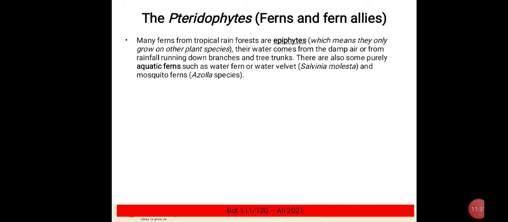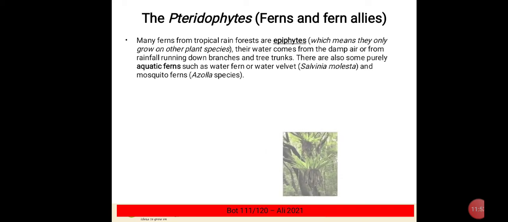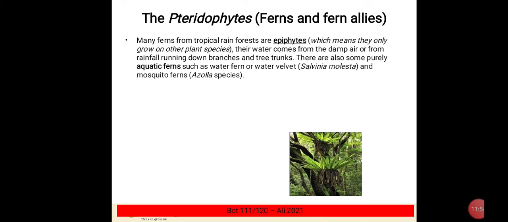Now this leads to the growth of these pteridophytes which grow above other plant species. There are also other purely aquatic ferns such as the water fern or the water velvet. These are the ferns which grow around water areas. Now this is a typical diagram of an epiphyte.